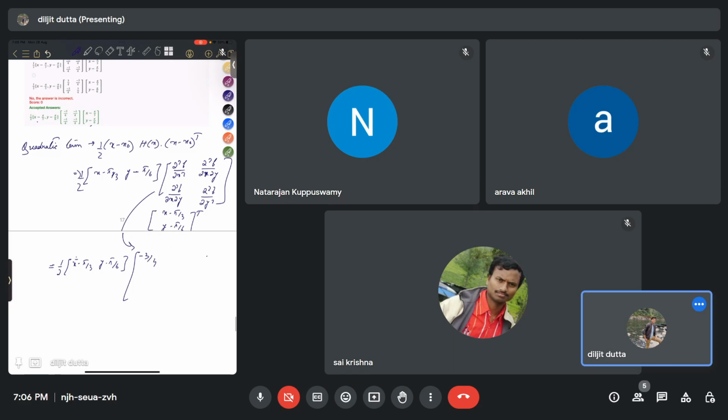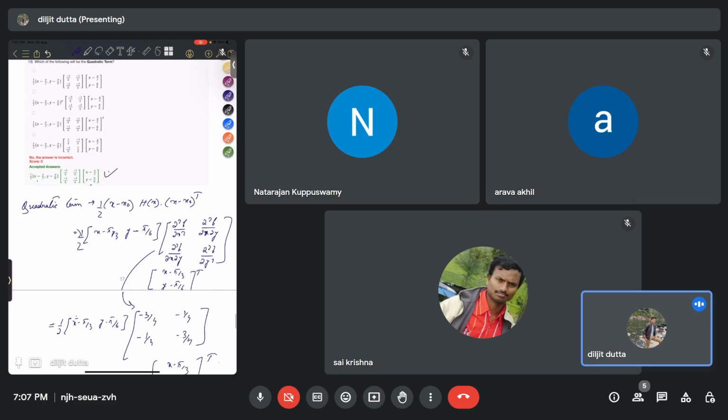We calculated before, del square f by del x del y is minus 1 by 4. This will be minus 1 by 4. So also minus 3 by 4. And the final term is minus 5 by 3. Okay, done. This is the quadratic term, so we got this.